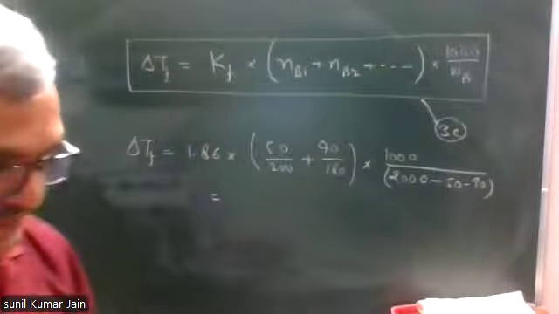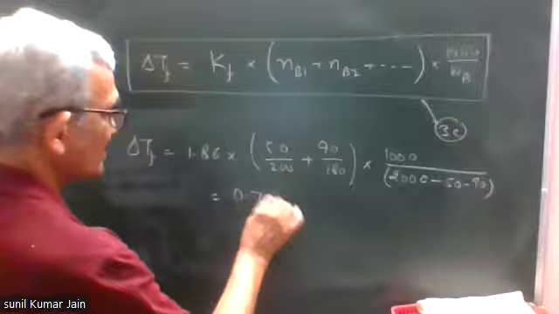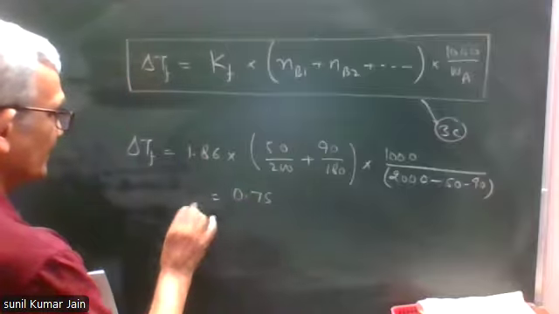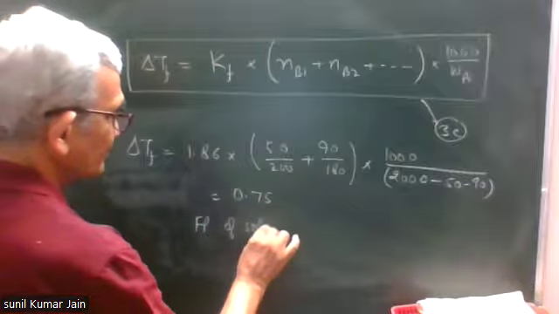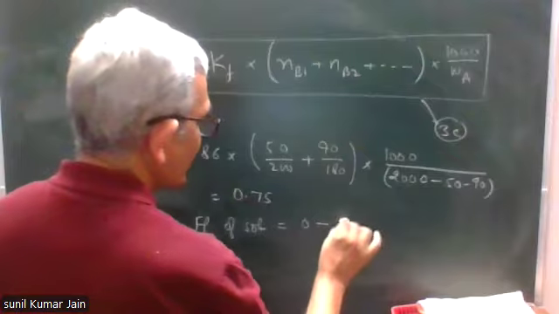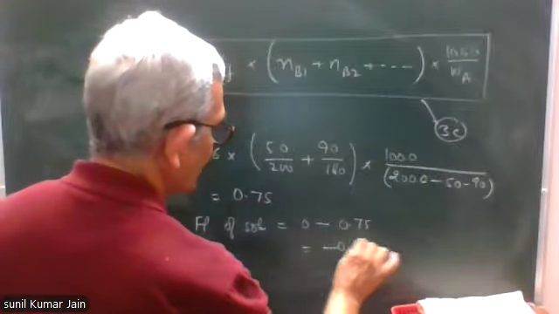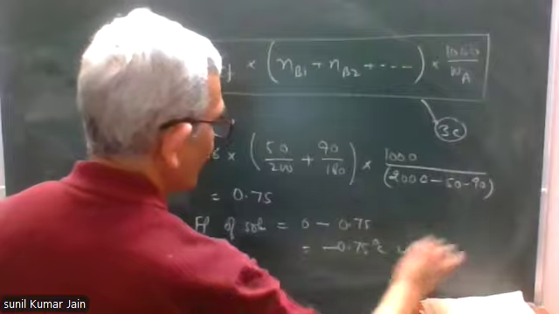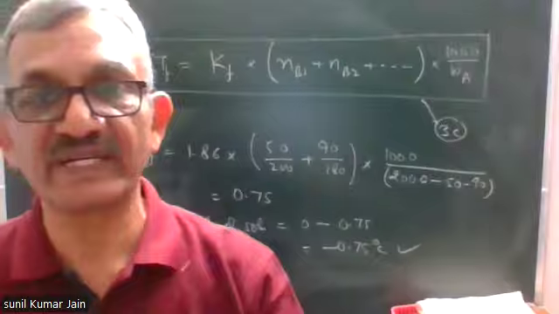Right? When you solve, it will come out to 0.75. So freezing point of solution is 0 minus 0.75. Answer is minus 0.75 degrees centigrade.